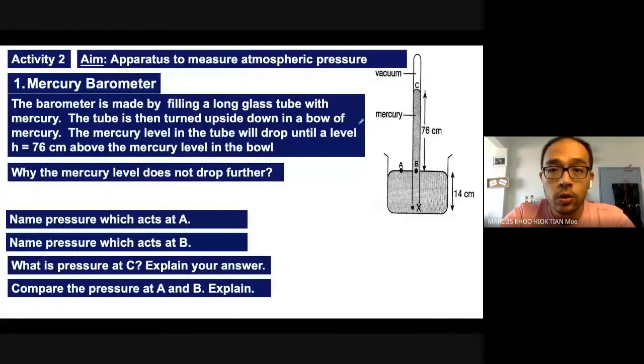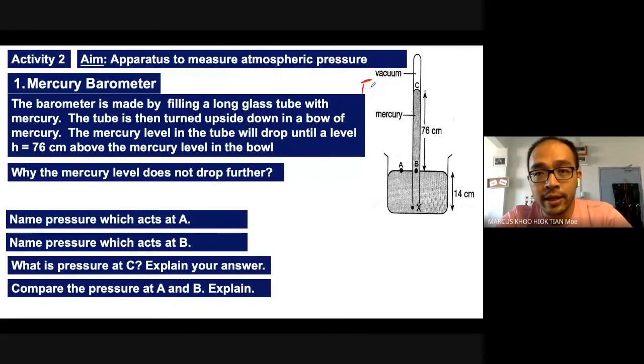So this is the situation I described just now, and remember this vacuum is called a Torricellian vacuum, because Torricelli is the person who discovered this. A vacuum means there's no gas at all. What happens is that the atmospheric pressure pushes the mercury up to a certain level, 76 centimeters.